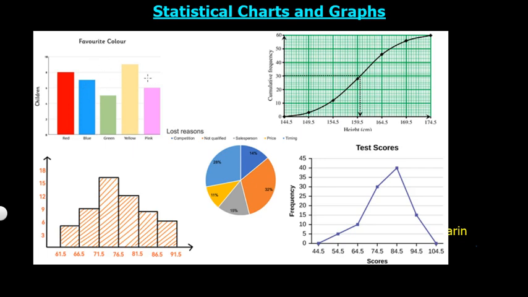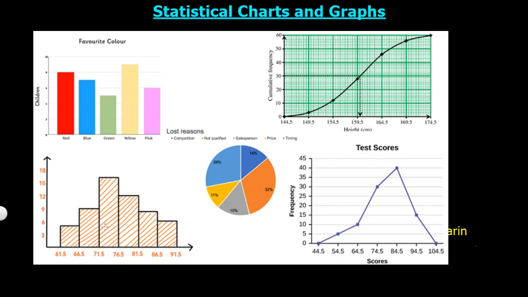The bar charts, which have the rectangular blocks separated here, the bar chart and the pie chart, are used basically for discrete data, that is ungrouped data.